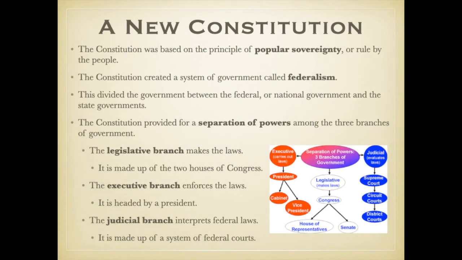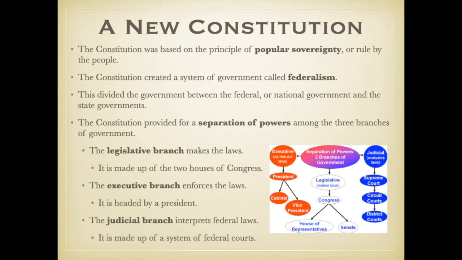The Constitution was based on the principle of popular sovereignty, or rule by the people. The Constitution created a system of government called federalism. This divided the government between the federal or national government and the state governments. The Constitution provided for a separation of powers among the 3 branches of government.